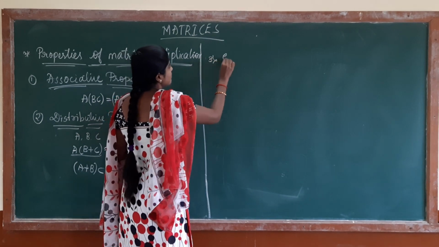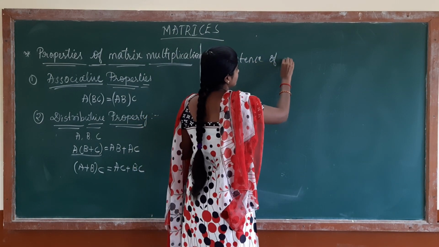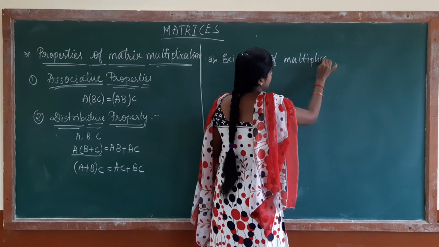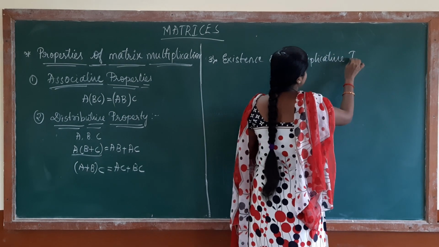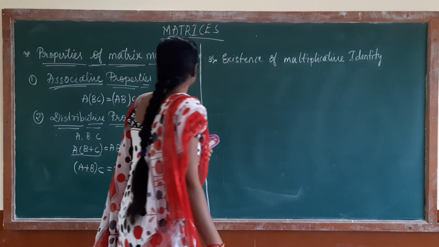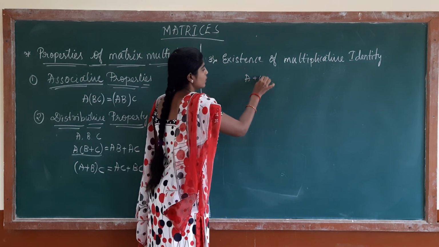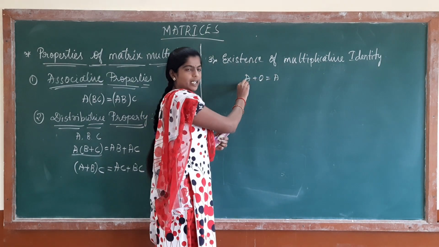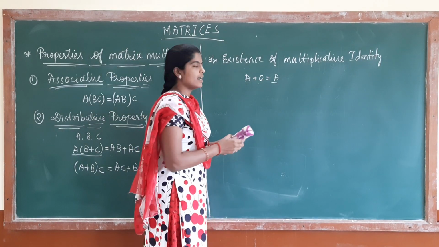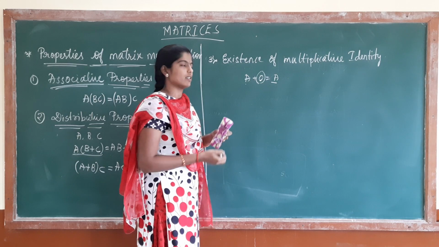So the third one is the existence of the multiplicative identity. In addition we have A plus 0 equal to A. Here A is a matrix and 0 is the zero matrix. Then we get the same matrix, that is A. Here the zero matrix is called the additive identity for matrix addition.